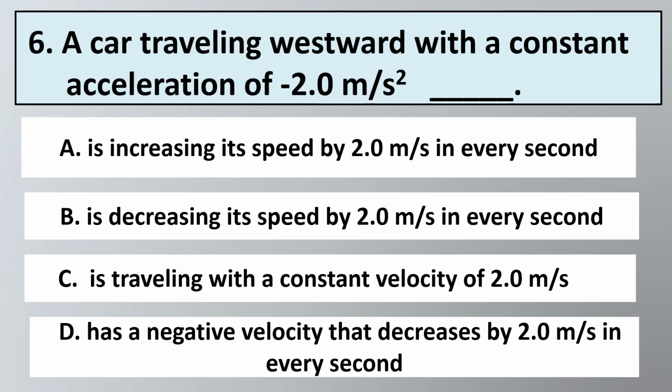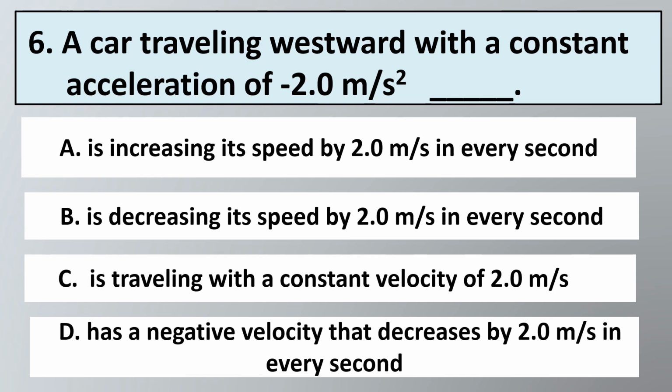Now, for option letter D, the keyword again is the car has a negative velocity, which means that the direction of the velocity of the car is negative. Negative here is the same as westward or to the left. So it agrees with what is stated in the question.